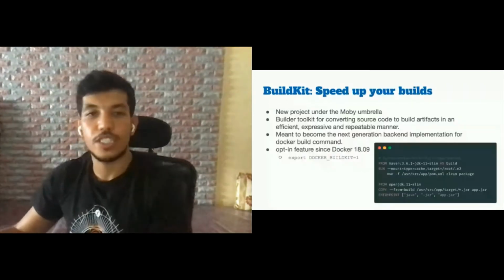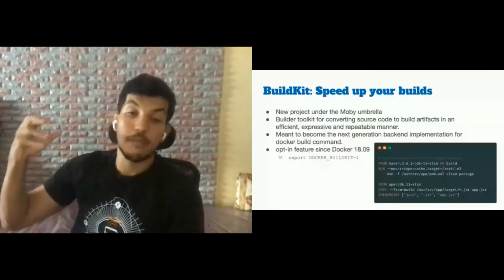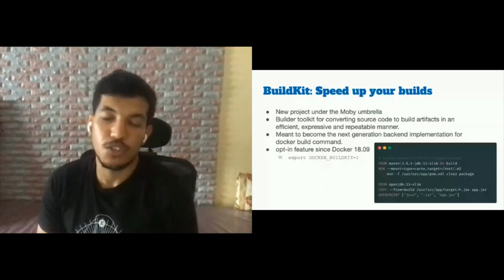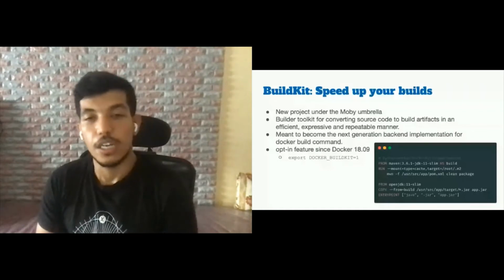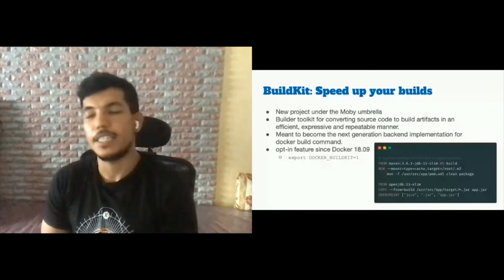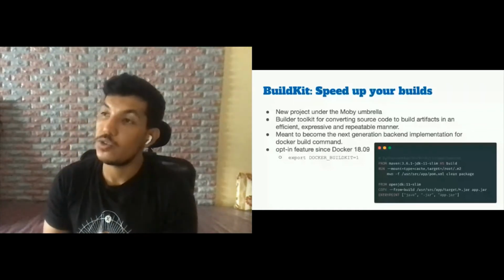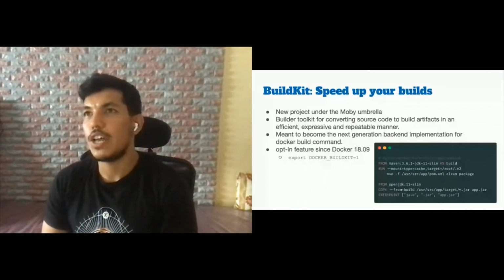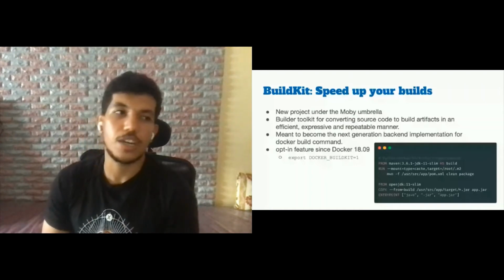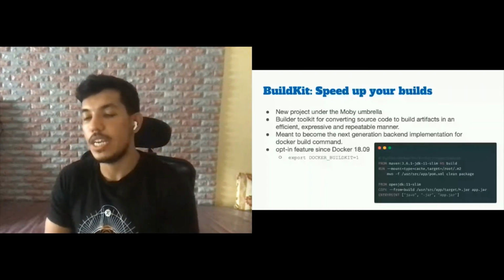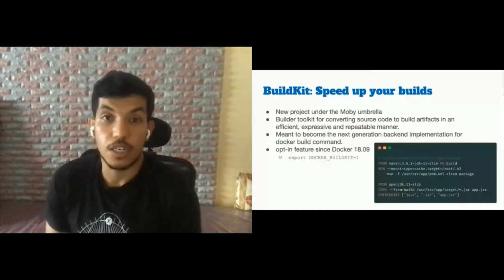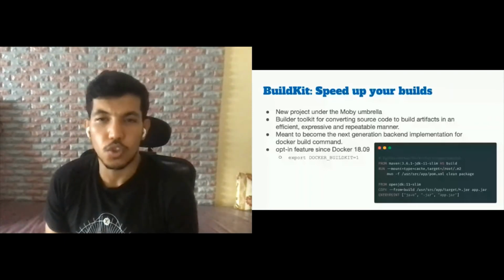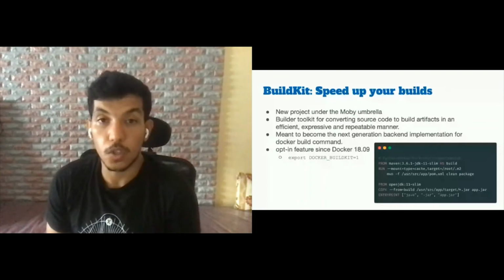Another project mentioned here is BuildKit, and BuildKit is a new project under the Moby umbrella, which is basically Docker. It's a new project for building and packaging software using containers. BuildKit introduces solutions to a lot of problems that we face while using the traditional Docker build command, or the old builder.